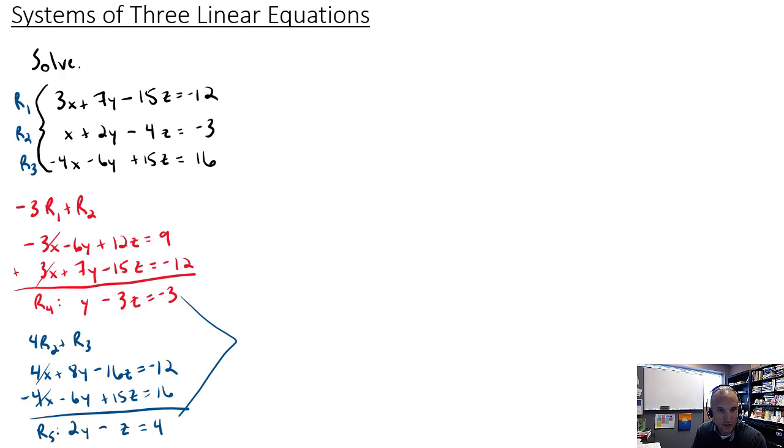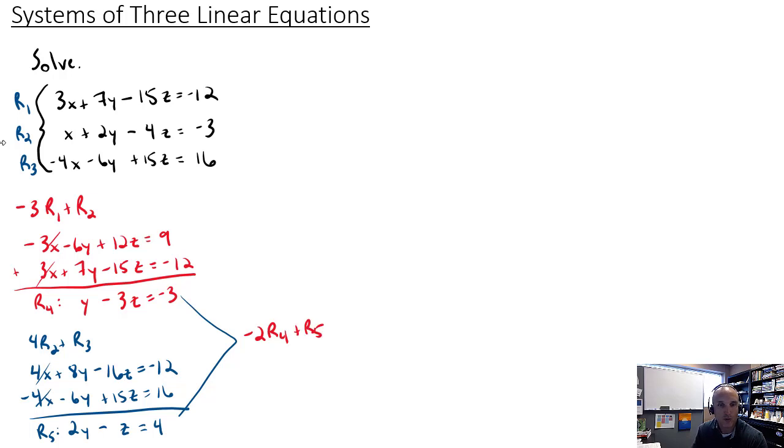And what I'll do to solve that system is, let's say I want to eliminate the y. Well, I can take negative 2 times row 4, which will give me a negative 2y, to cancel with the positive 2y in row 5. So I'll just add row 5.